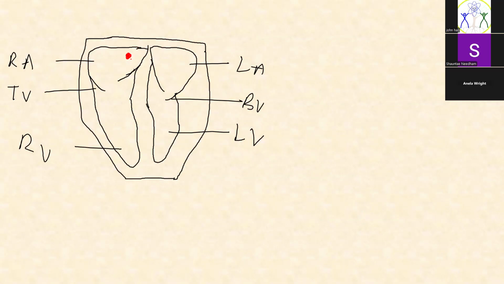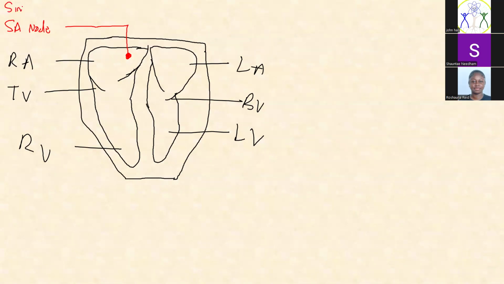This is a bundle of specialized cells that are electrogenerative. They can generate an electrical impulse, is what I'm saying, right? And this bundle of cells here is called the SA node. So that's the sinoatrial node, okay?